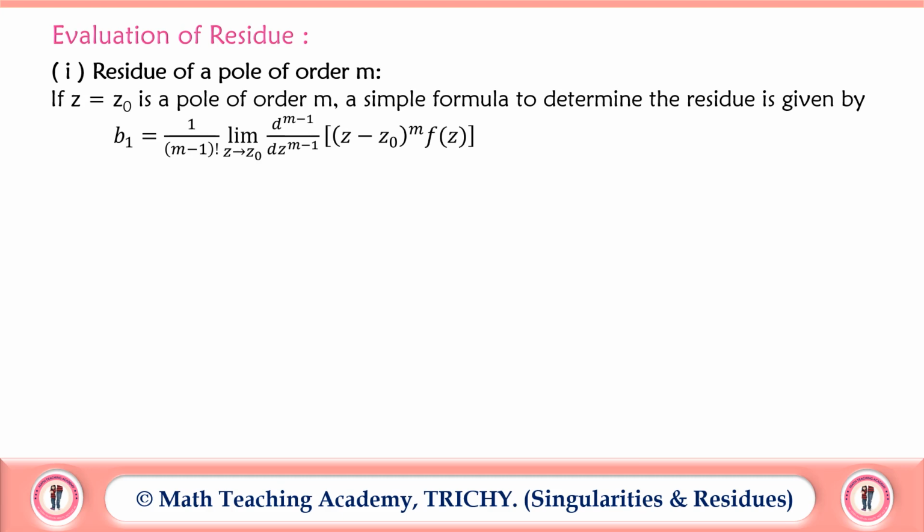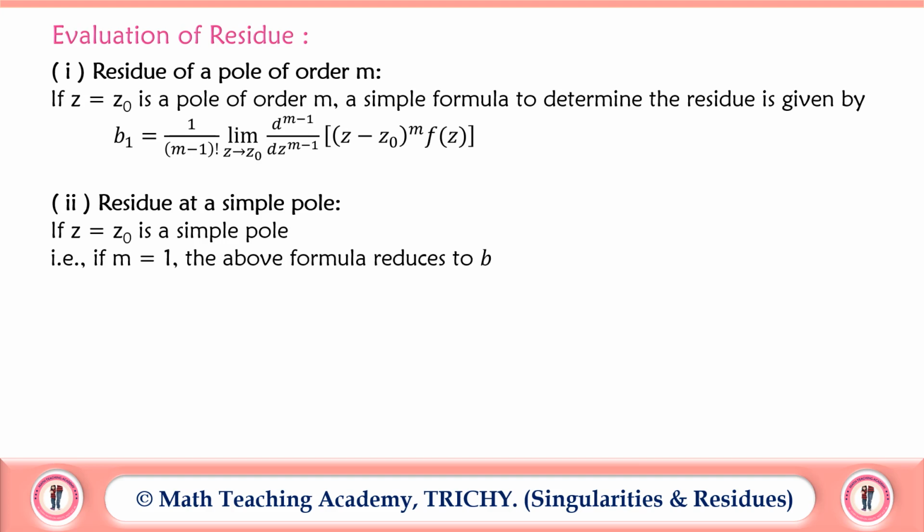Residue at a simple pole. If the pole is a simple pole, then the residue becomes b1 is equal to limit z tends to z0 of (z minus z0) into f of z. That is, in the above formula, put m is equal to 1. Then we get b1 is equal to 1 by (1 minus 1) factorial, which is 0 factorial, that is 1, into limit z tends to z0 d power m minus 1 divided by d z power m minus 1.